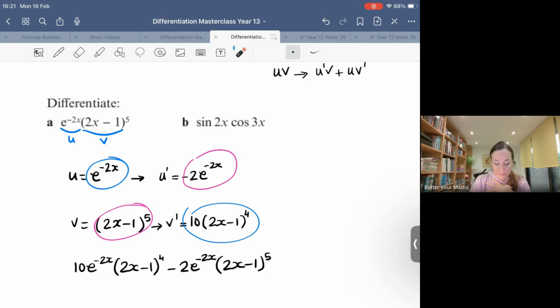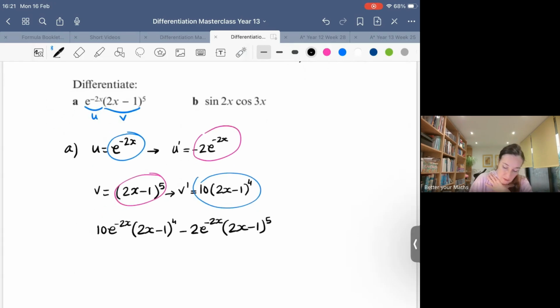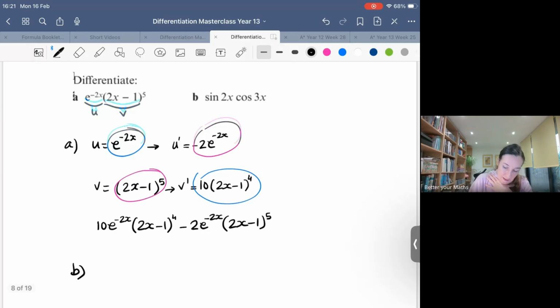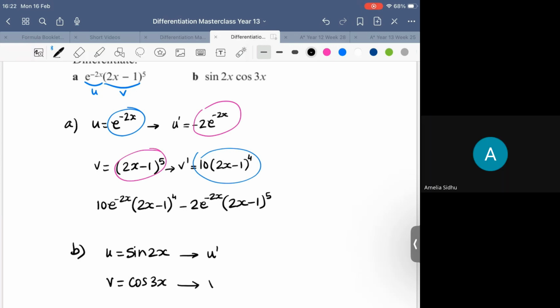So we do one more. This one. So for b, u is sine 2x. V is cos 3x. Who can help me? Amelia, tell me. So for u prime, it'd be 2 cos 2x. Perfect.